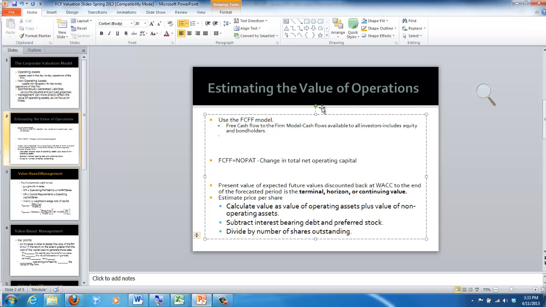There's a separate model which we're not going to use in here, but it's very, very similar, and you're going to see both of them if you advance in this area. It's referred to as the free cash flow to equity holders model, or FCFE.